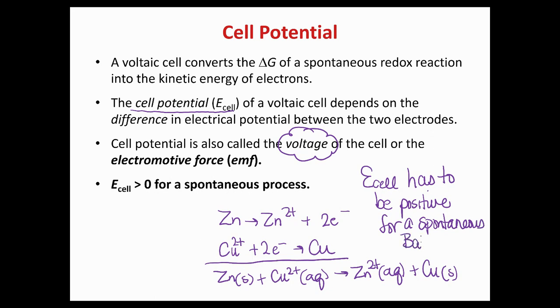So all voltaic cells, if set up correctly, are spontaneous and have a positive voltage. Okay, and again, we're going to use some charts here in a minute. Just so you know, when you see E naught of cell, that's going to be standard conditions, back of the book stuff. All the solutions would be 1 molar. All the gases involved, if involved, are going to be 1 atmosphere.